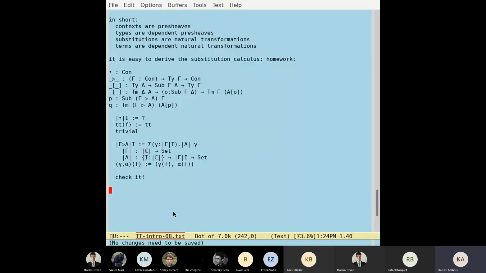They are all very natural, and it's a good exercise to do it. Check it, just do it. Homework. It doesn't make too much sense for me to show it here. This is something that you have to do yourself.